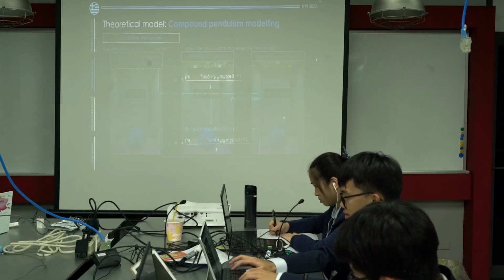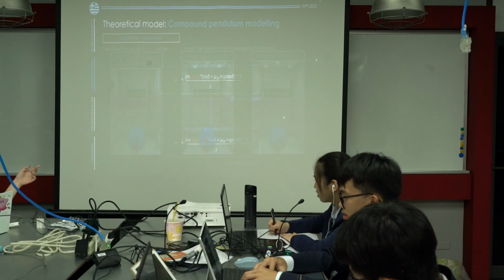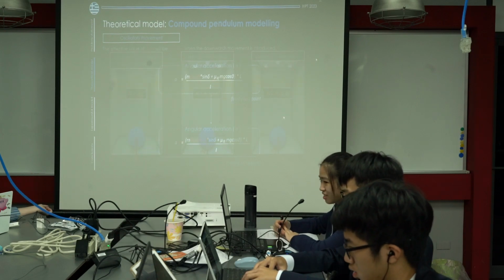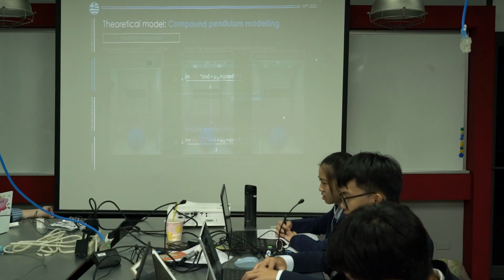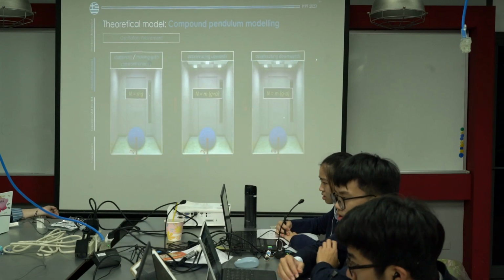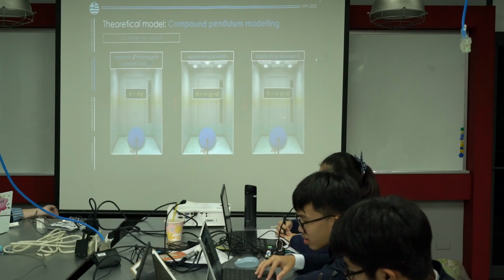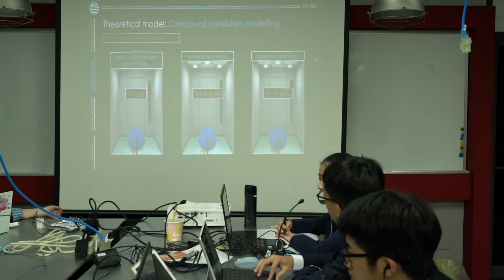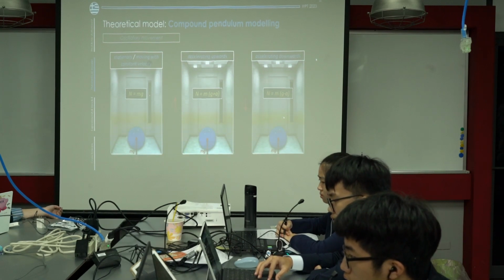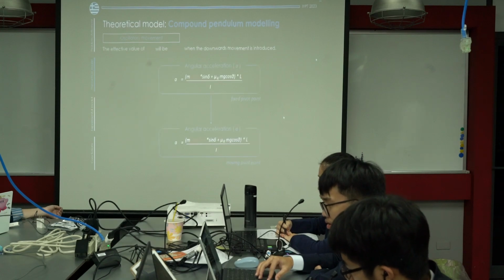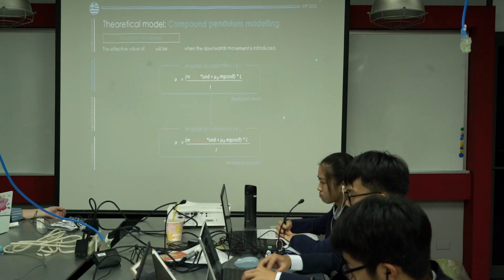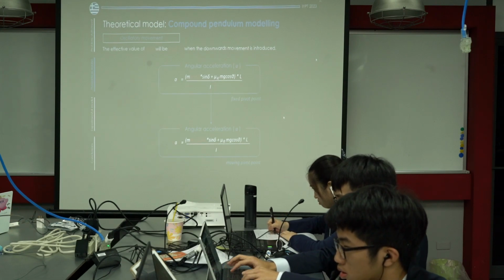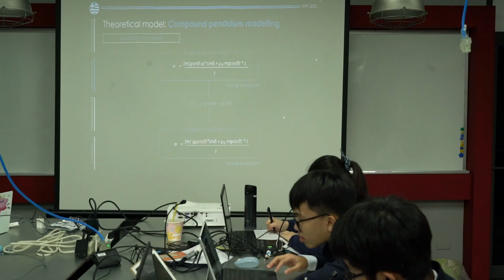However, if the elevator accelerates downwards, then the normal force will be m times g minus this acceleration a. So, in our case, we have the third option, namely the part that accelerates downwards, and therefore the normal force equals m times g minus a. That's exactly the reason why the effective value of g sine theta will be g sine theta minus a if we want to model it with a moving pivot point.